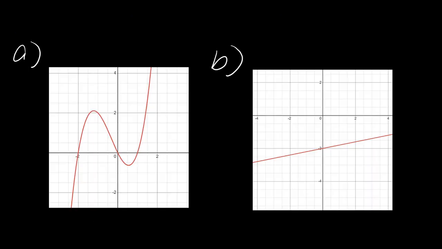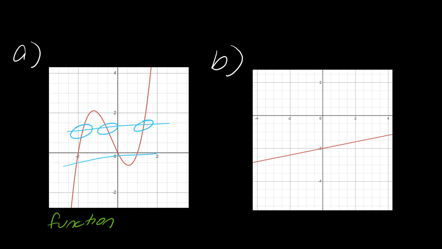For instance, if I look at A here, the vertical line test says this is definitely a function. Once you know something is a function, you can test whether it is one-to-one. I got rid of those lines, and now I'm going to draw horizontal lines. You can see my horizontal lines intersect the function more than once. So this would be a function, but not a one-to-one function.